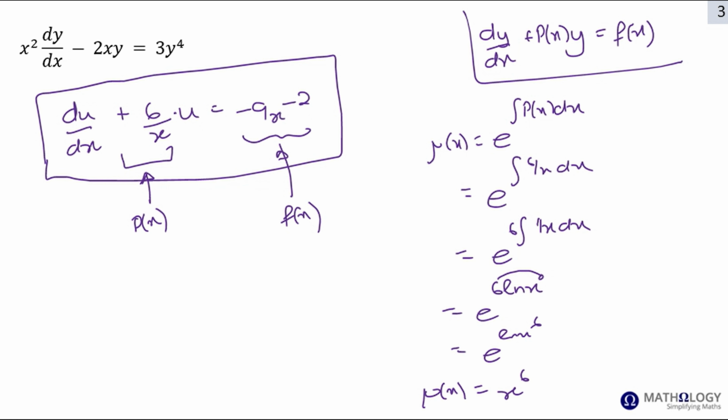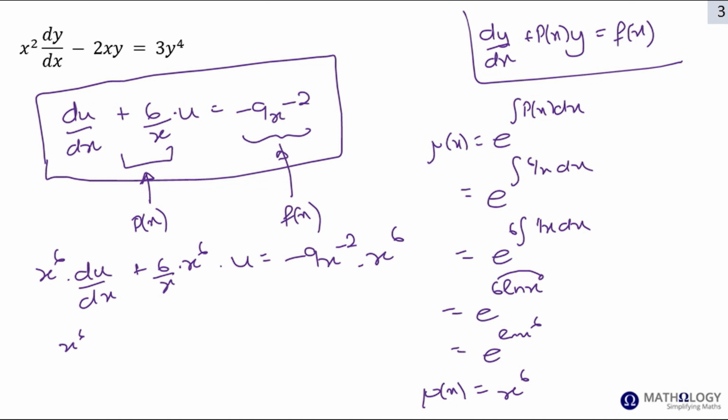We're now going to multiply every term of this differential equation by this integrating factor. So we have x to the 6 times du/dx plus 6 over x times x to the 6 times u equals minus 9x to the minus 2 times x to the 6.